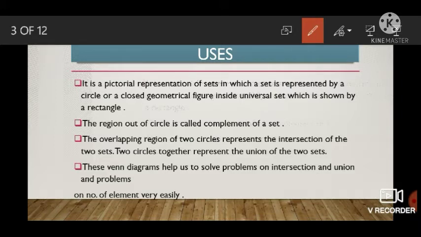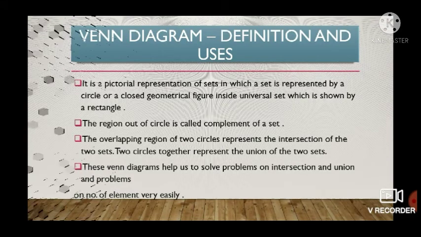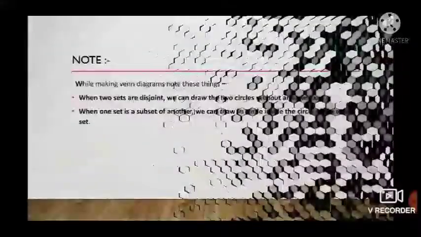So we use Venn diagrams, because otherwise the many sets will confuse us very much, we may lose our time, and our exam will be left incomplete. So we make Venn diagrams so that we can find our solution very easily. They are very helpful. So this is all that we have to discuss in Venn diagrams.